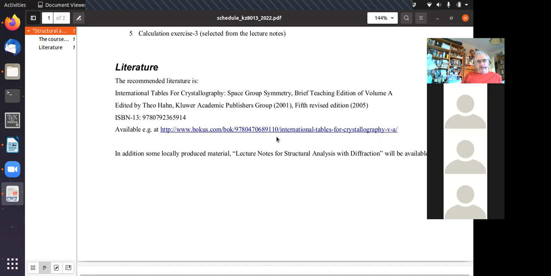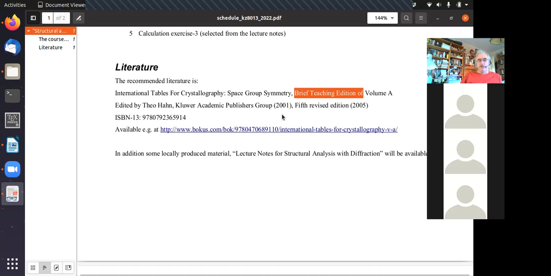But this is not free, of course, but I mean, you can buy it also. In print, there is a brief teaching edition that is easy to carry around because it's just a pamphlet of 100 pages or so. The full book is quite heavy, like standard chemistry textbooks nowadays, but a lot more material.